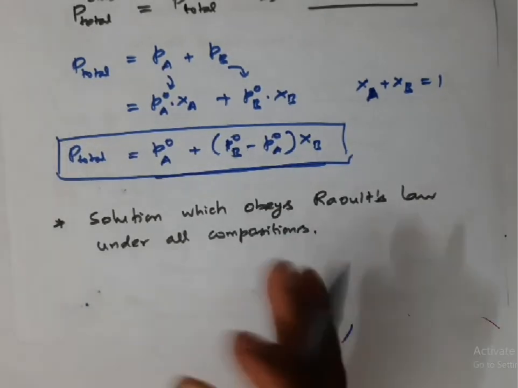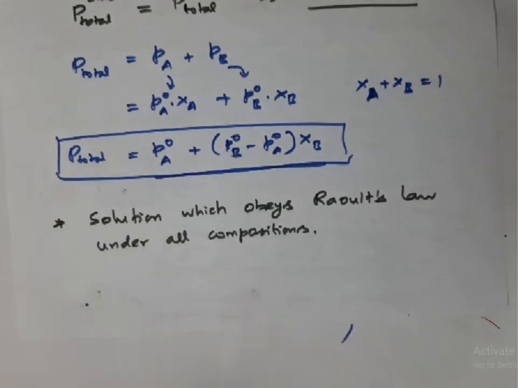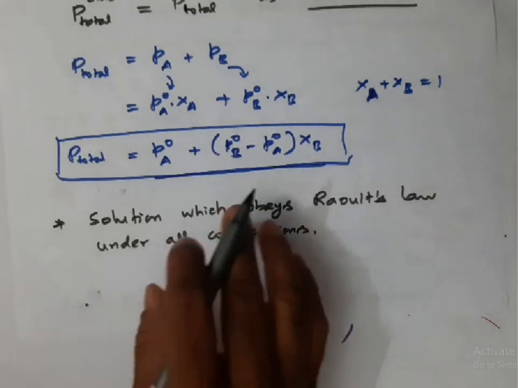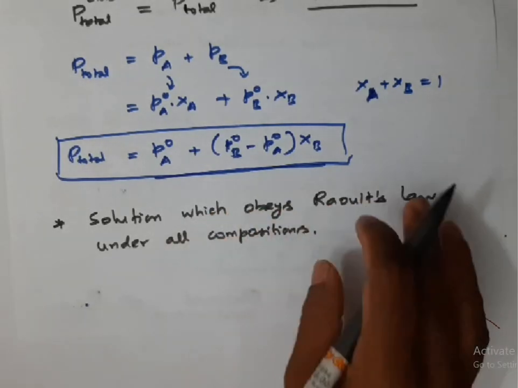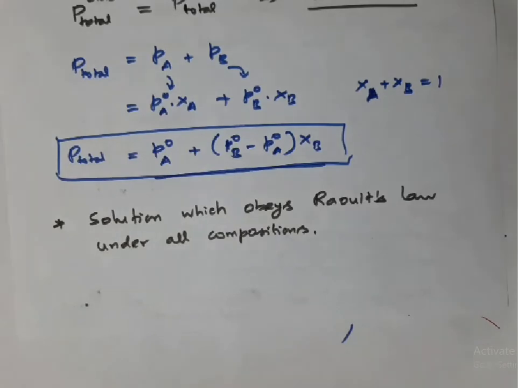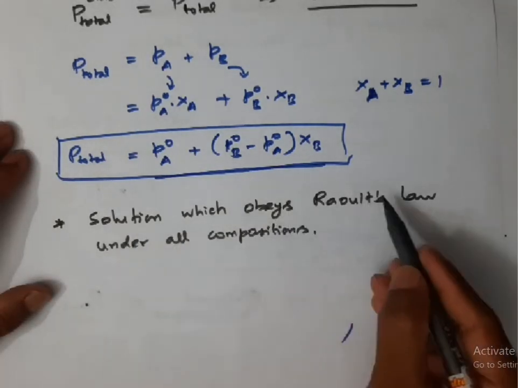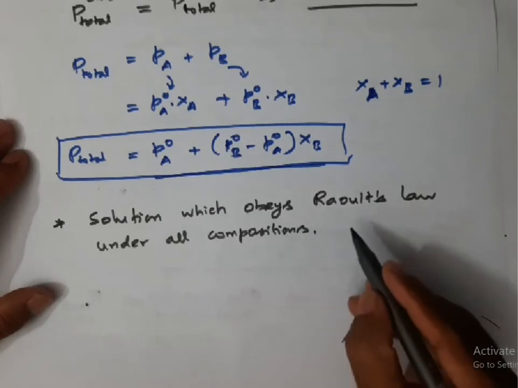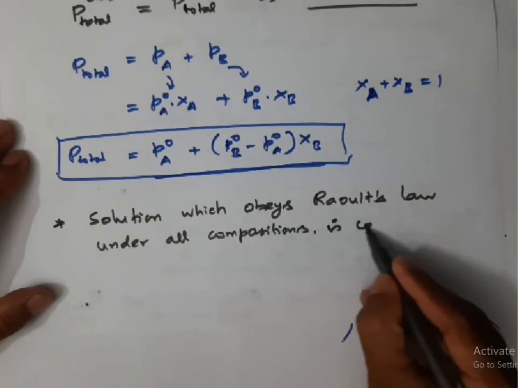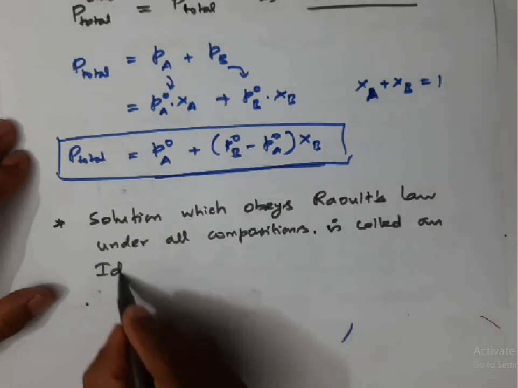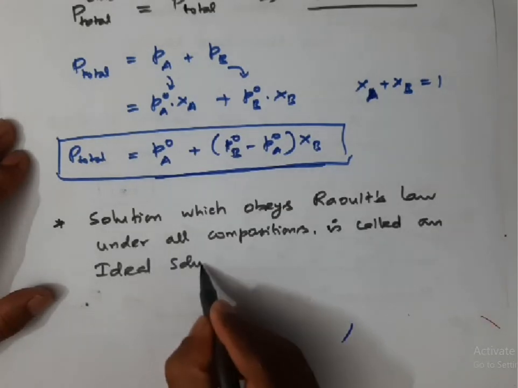Whatever amount of liquid A and liquid B you take, in all the mixtures, if the solution obeys Raoult's law, we call that solution an ideal solution. That's the point.